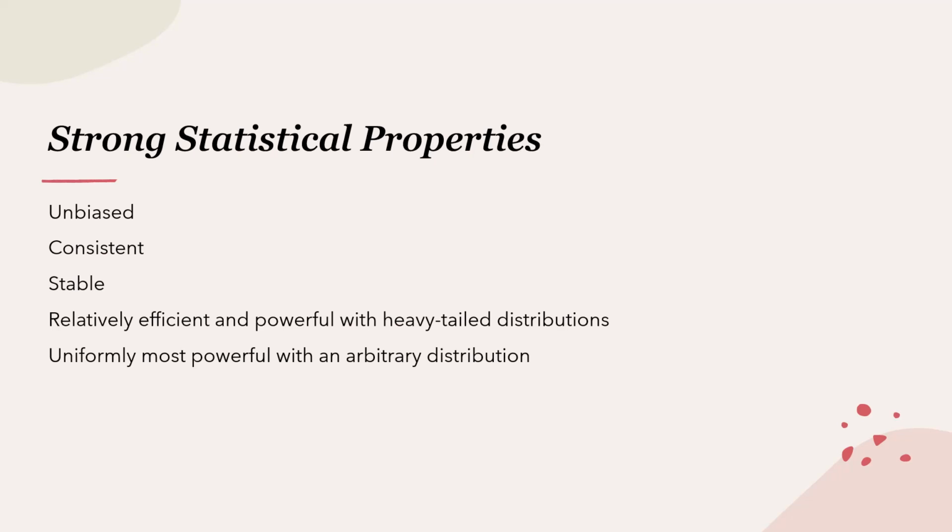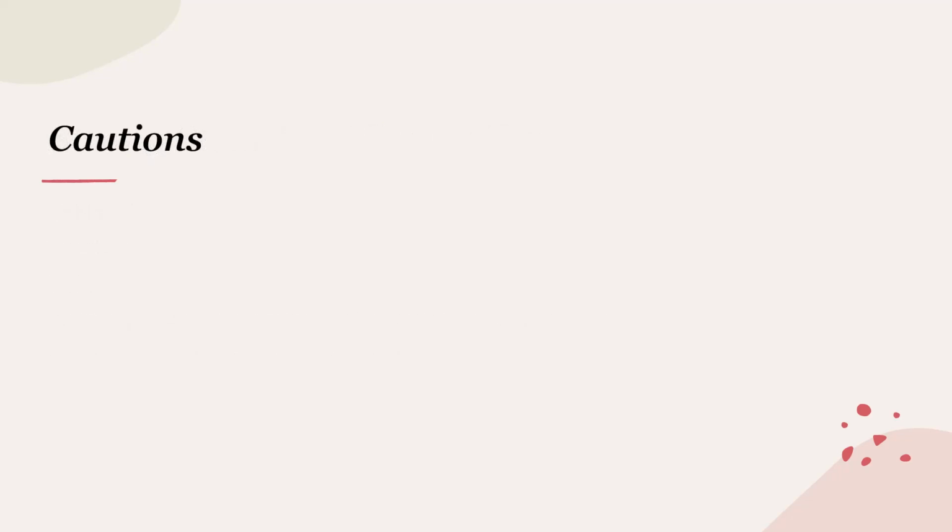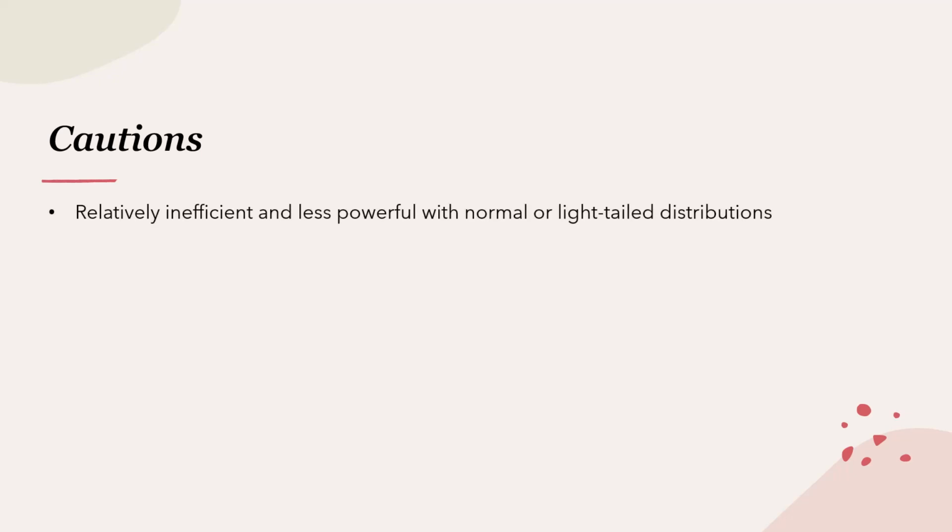Now, with all those good characteristics in hand, you might suspect that there are some things we have to be aware of, and indeed there are. There are some cautions. The sign test can be relatively inefficient and less powerful with the normal distribution. We already knew it would be less powerful than the t-test with the normal distribution.